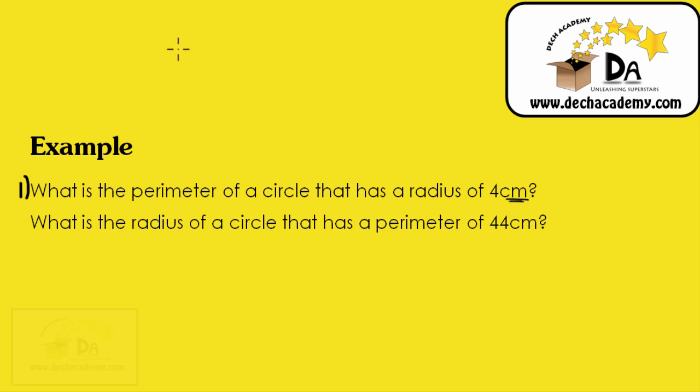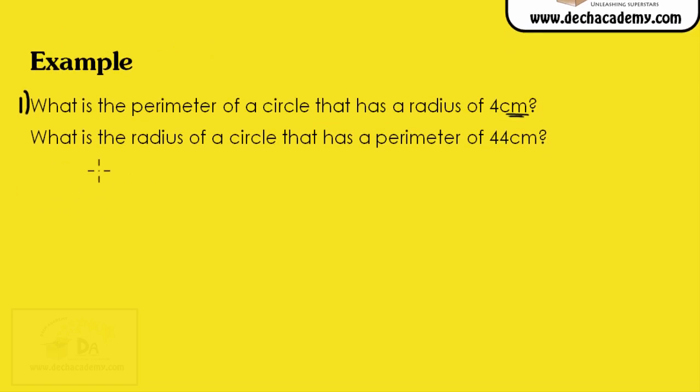So we know that the perimeter of a circle, if I call that P, is equal to 2 times pi times the radius of the circle. What is the perimeter of a circle that has a radius of 4 centimeters?